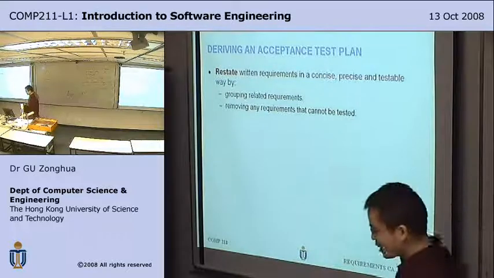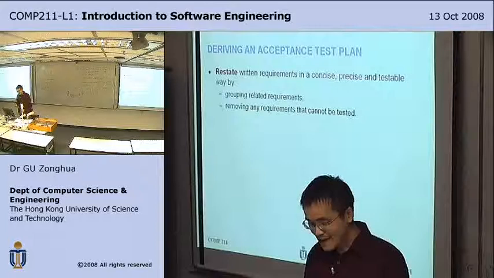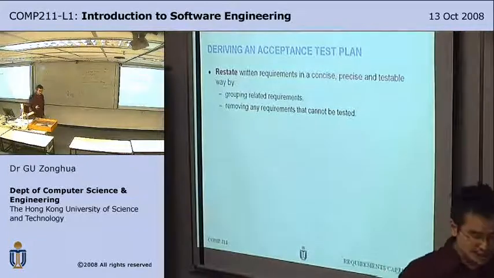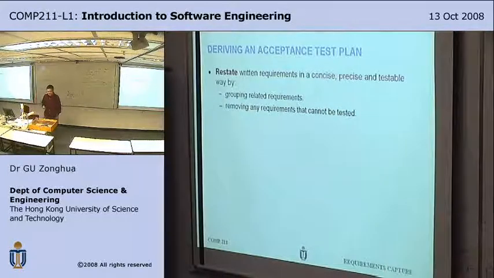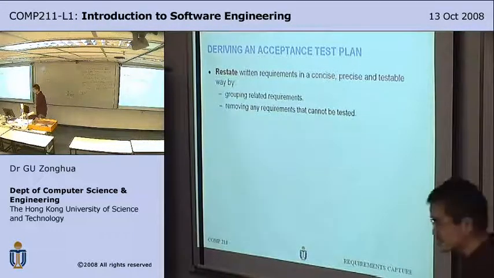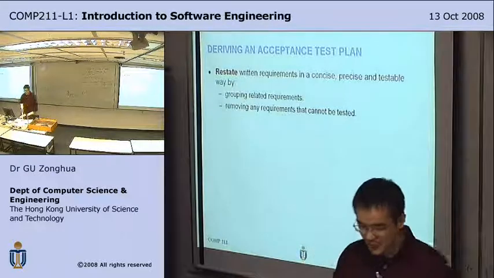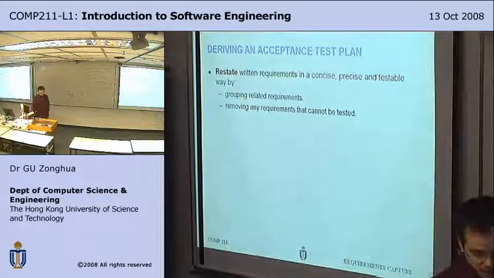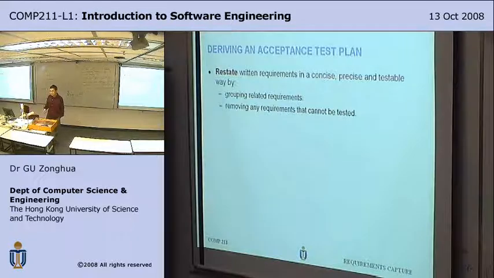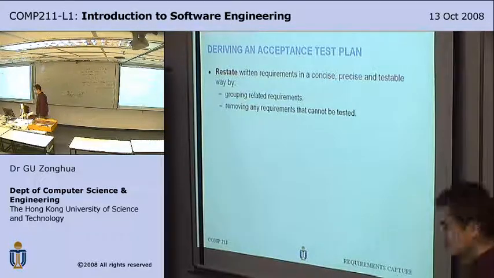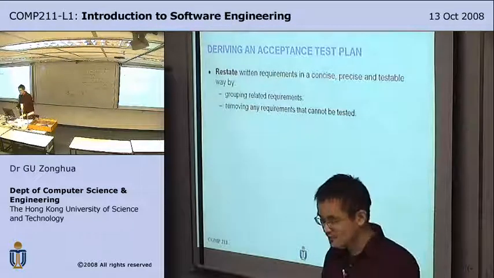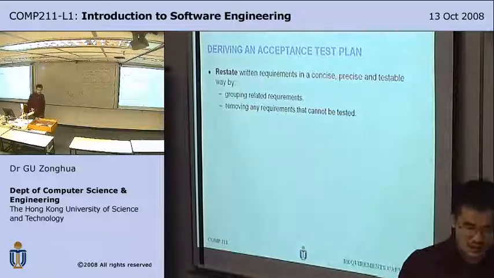Because the flow of events is often ambiguous or very abstract, you need to fill in details and make it precise and testable. So you group related requirements perhaps into a single acceptance test and remove any requirements that cannot be tested.